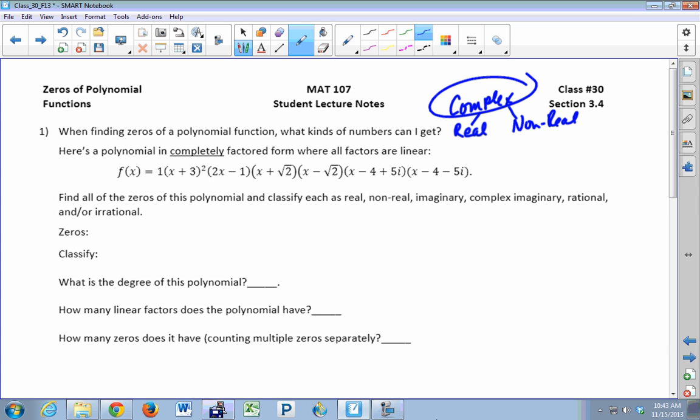All right, so looking at that, I want to give you some terminology. It says, here's a polynomial in completely factored form where all the factors are linear. What do I mean by that? When you look at all those individual factors there, why do I call the factors linear?